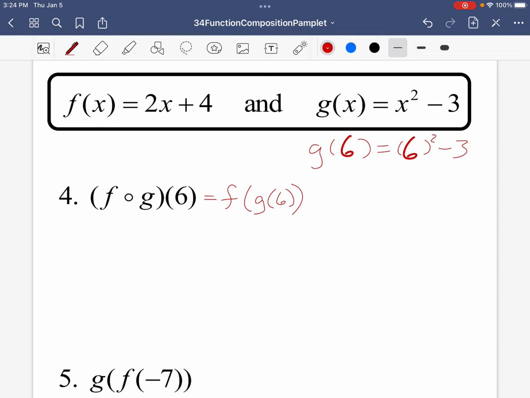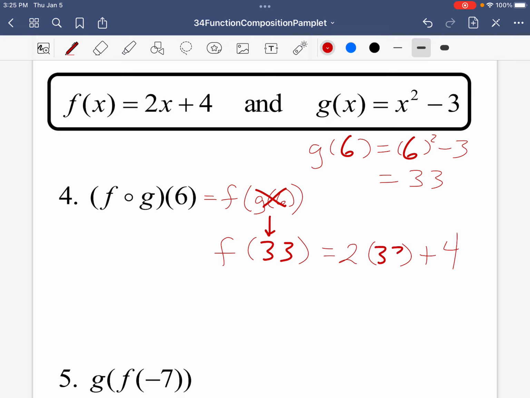Plugging 6 into the g function is going to give you 6 squared, which is 36, minus 3 comes out to be 33. It's kind of like saying that g of 6 is the same as 33, which now you're going to plug into the f function.